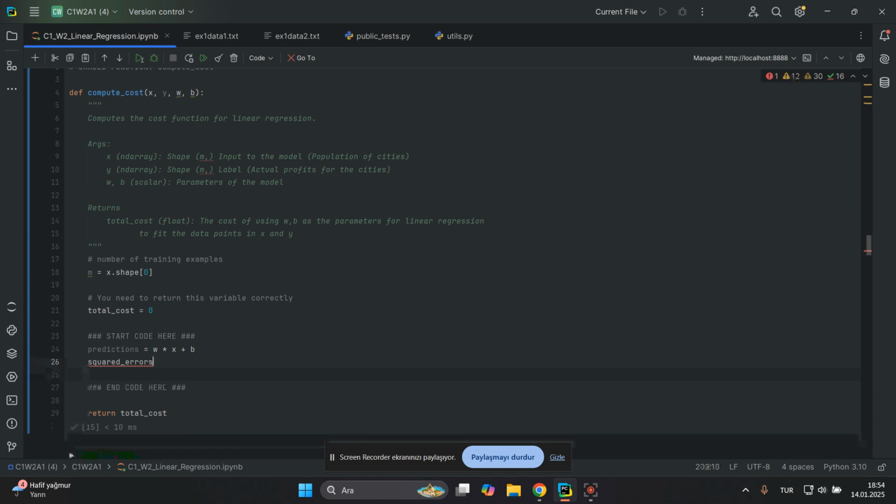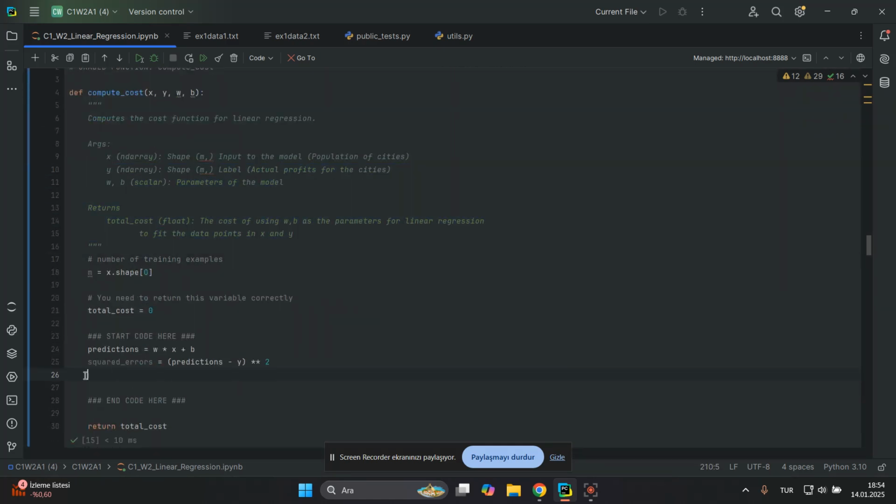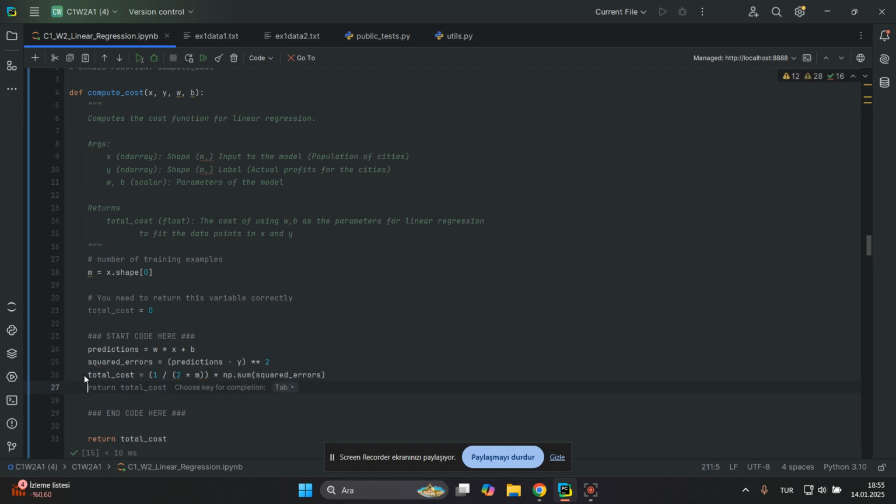After that, what should I do? Squared errors: predictions minus y, to the power 2. After that, I have to define the total cost equal to 1 over 2m times the sum, and after that I have to return the total cost like that.